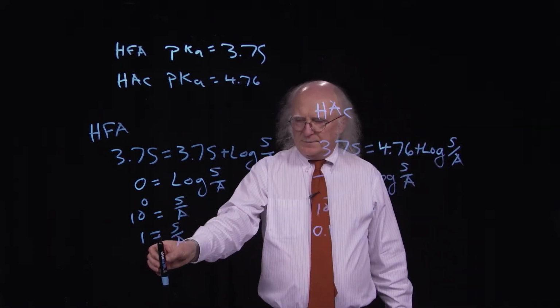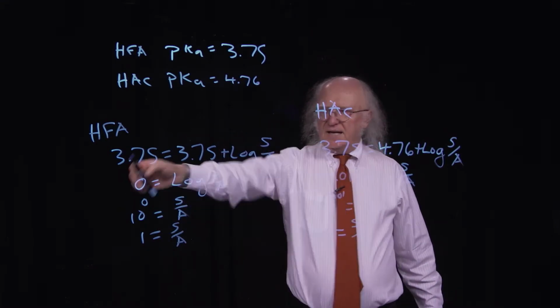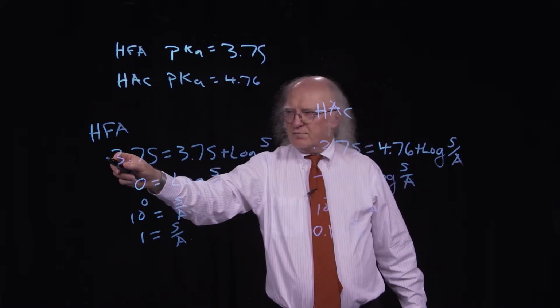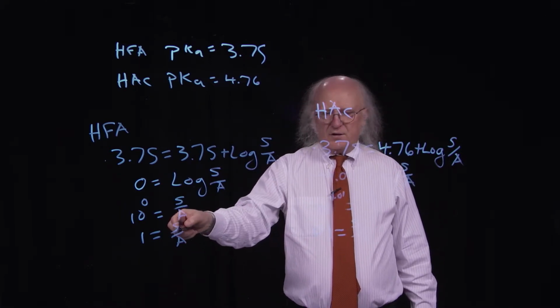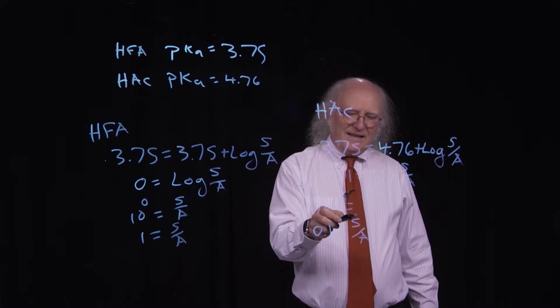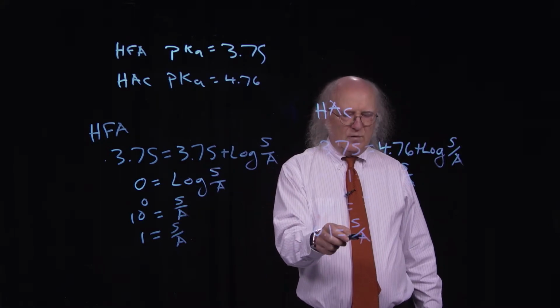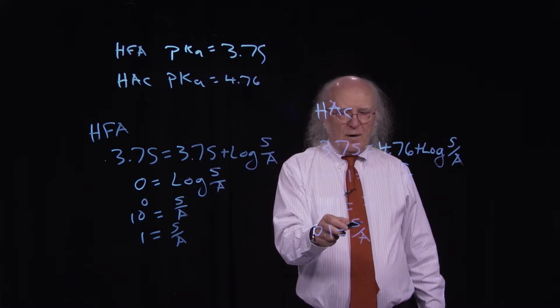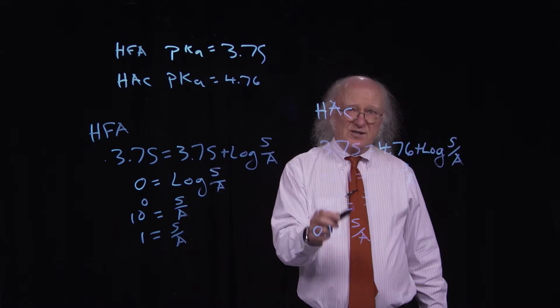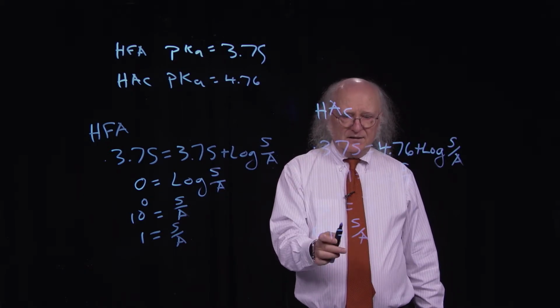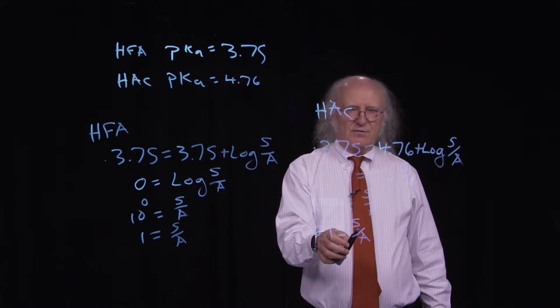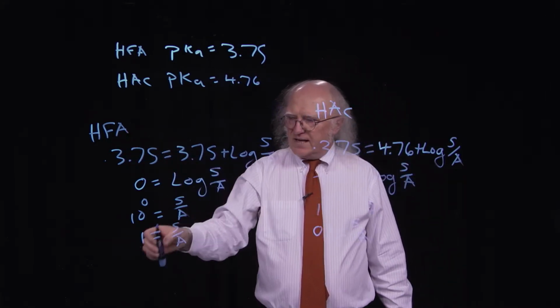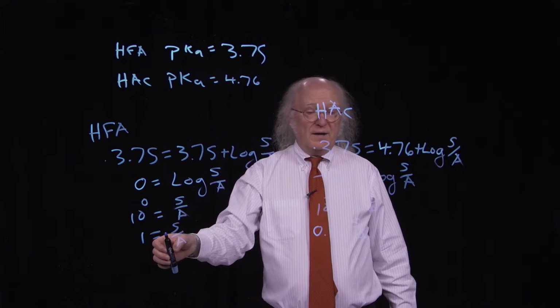Now, what does that mean? It means that at the same pH of 3.75, there were equal amounts of salt and acid here. There was a lot less salt than there was acid here. Well, how do we get salt? We get salt by the dissociation of acid, meaning that there was less dissociation at this pH for acetic acid than there was at this pH for formic acid.